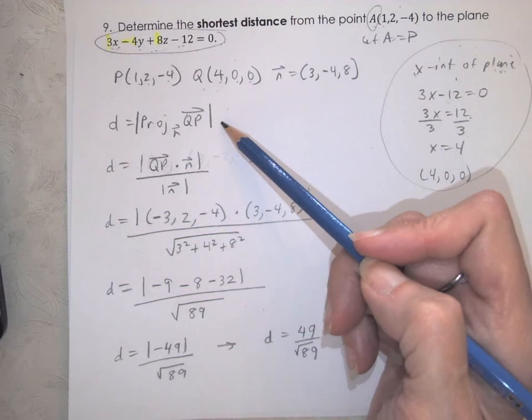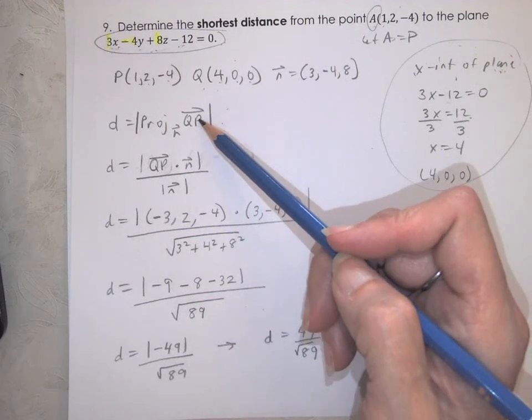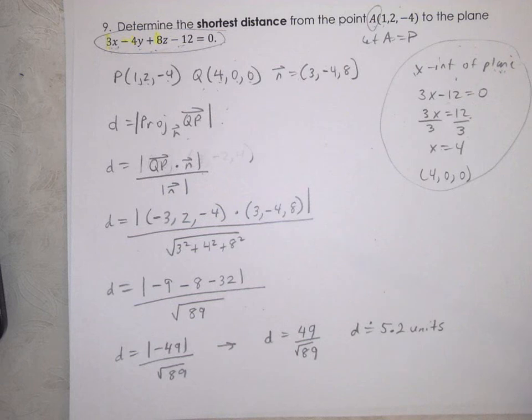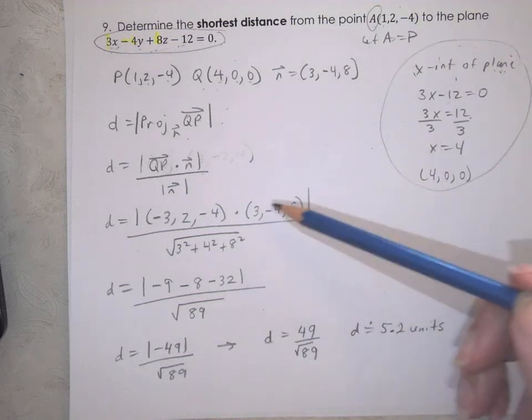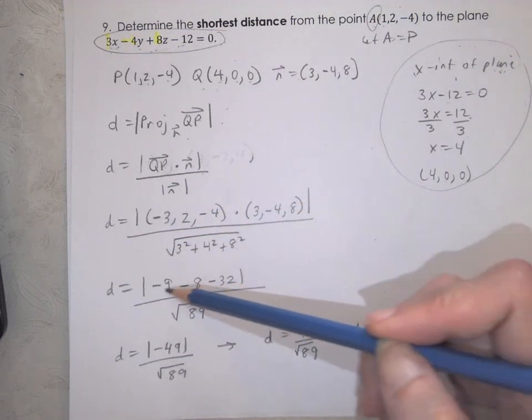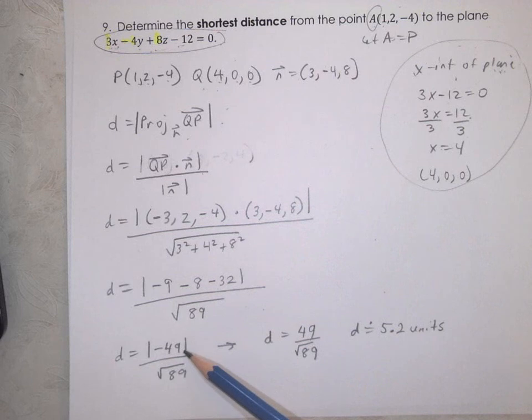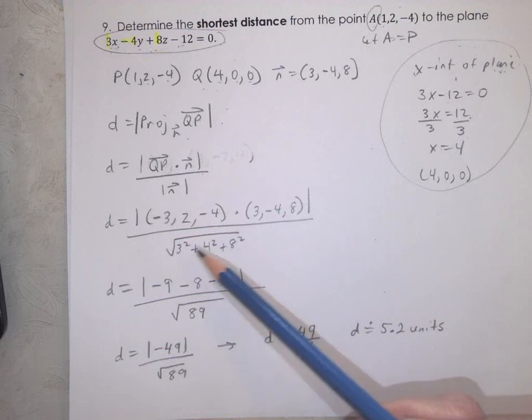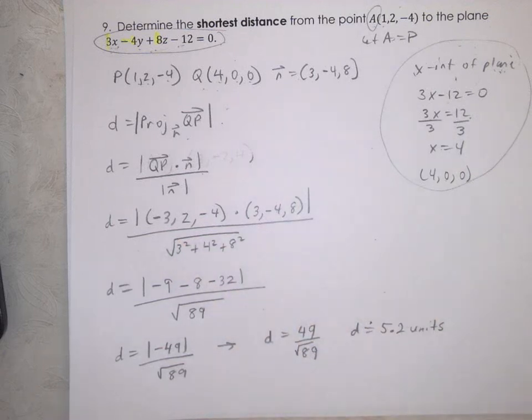Then we use the formula, the magnitude of the projection of QP onto n, and figured out vector QP. Remember, when you do dot product, you get a number. If it's a negative number, you take the absolute value of that in your numerator. In the denominator, you're finding the magnitude of a vector, so you square root the sum of the squares of the components of the vector.